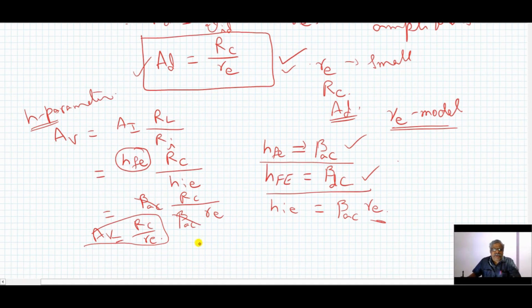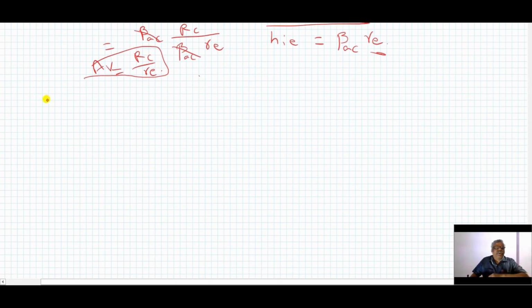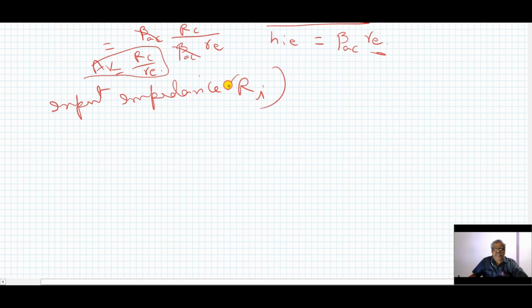The next parameter to be calculated is the input impedance or input resistance RI. Because there are two input signals, how can you define this input resistance RI? For each input we can define RI1.